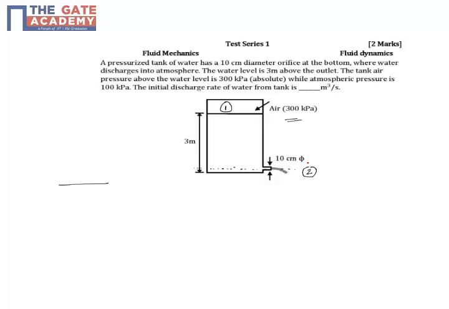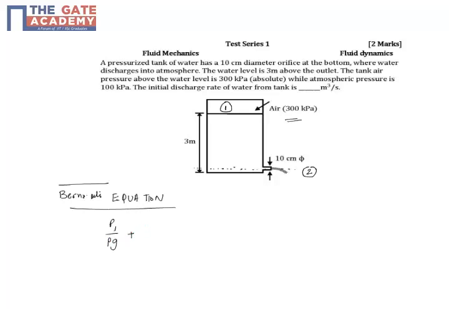So with these two levels, I apply the Bernoulli equation, because always when you're dealing with pressures and velocity, the first thing that should come to mind is your Bernoulli equation, because that contains the pressure term as well as the velocity term. Okay, so Bernoulli equation, where I have P1 by rho g.